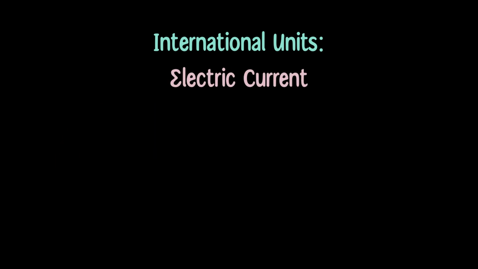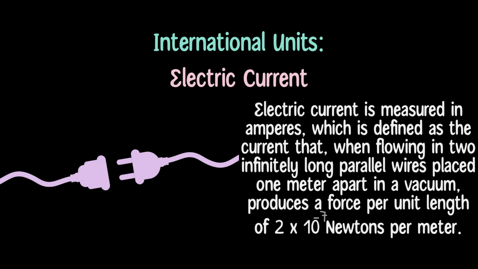Electric current. Now, electric current is measured in amperes, and the ampere was defined by scientists in 1890 as the amount of current that would deposit precisely 0.001118 grams of silver per second from the electrolysis of a silver nitrate solution. Simple, right?